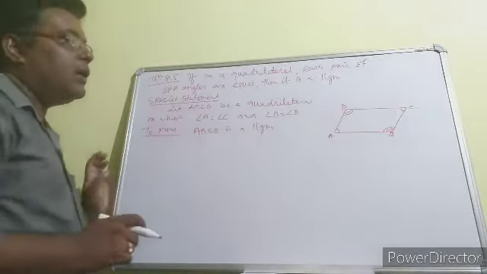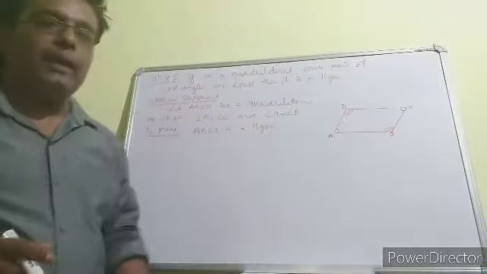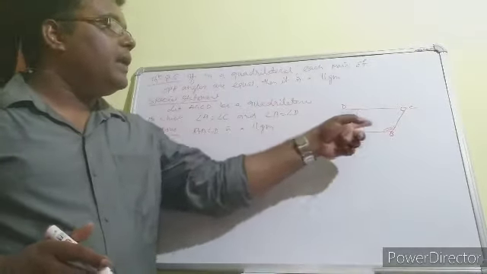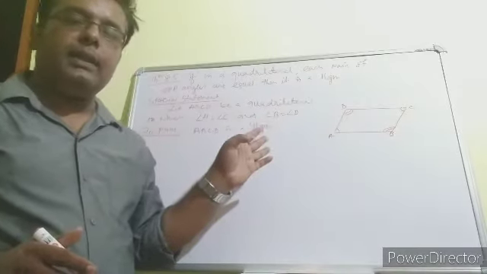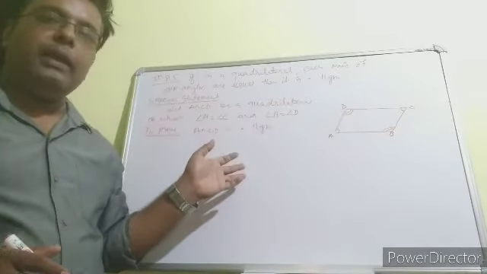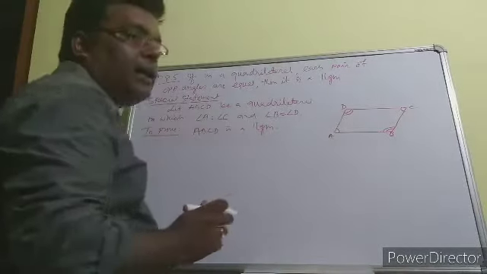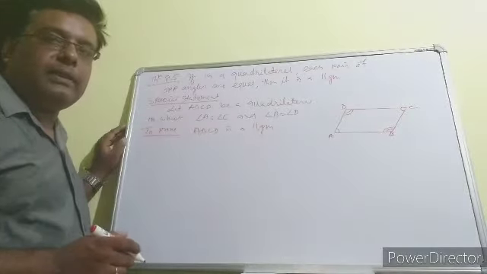Next, in the proof section, we will use the angle sum property of a quadrilateral. That is, angle A plus angle B plus angle C plus angle D is equal to 360 degrees. This is the angle sum property of a quadrilateral, and we will use the theorem related to parallel lines.